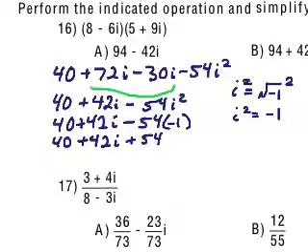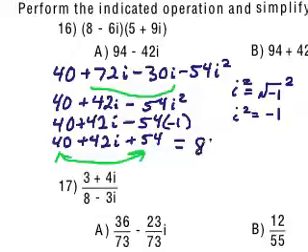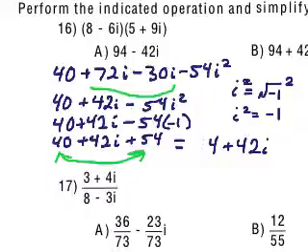Now we add the 40 and the 54 together, which gives us 84. Nope, 94. My mistake. I keep mixing that up. I'm entitled to make mistakes. Yes, 40 plus 54 is 94. So we have 94 plus 42i.